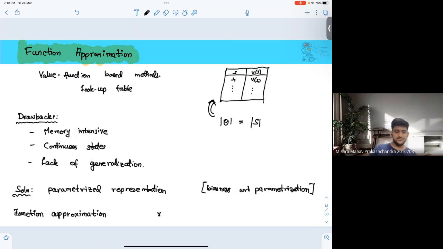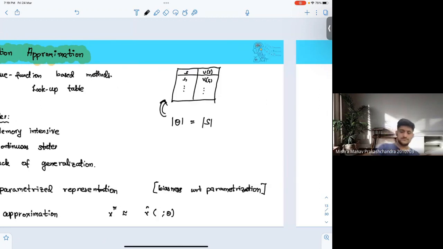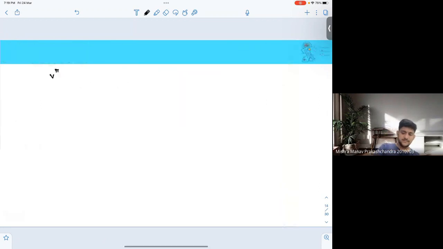I am trying to approximate the value function by some estimate which is parameterized by parameters theta. So my v pi is approximated by some estimate of the value function, parameterized by theta.